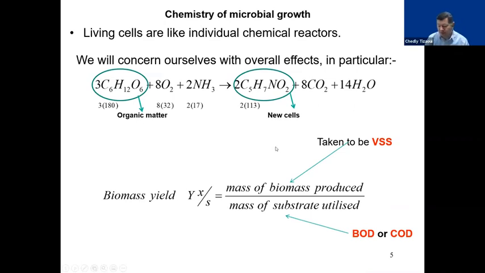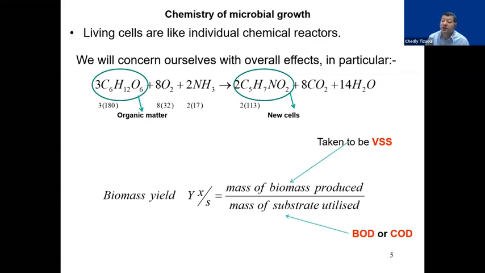One key variable that is of interest to us in the wastewater context is the biomass yield. And that biomass yield, Y, represents how much biomass you produce in mass terms, for example, how many grams of biomass you produce per mass of substrate. Now here it gets a bit tricky, because of two things. First of all, you can't measure the biomass as such, so you need some sort of a surrogate way to measure the biomass.